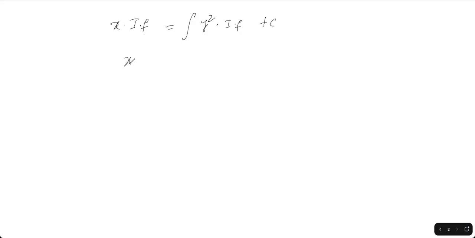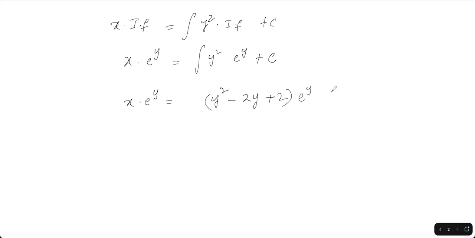That is, x e^y = integral of y² e^y dy + c. Let us solve this: the integration will be (y² - 2y + 2) e^y + c.